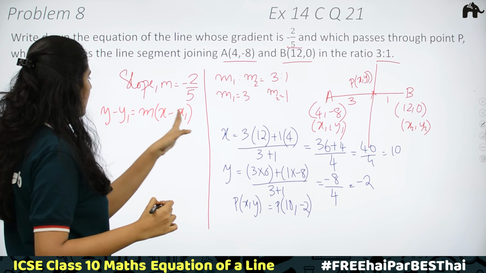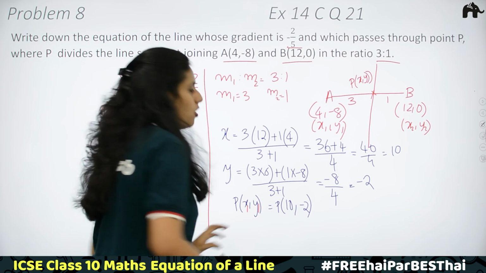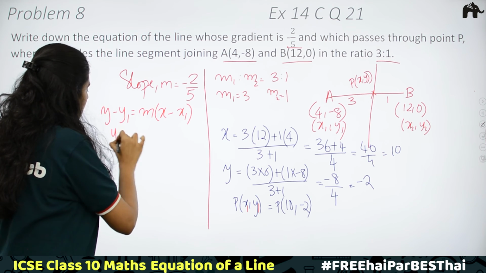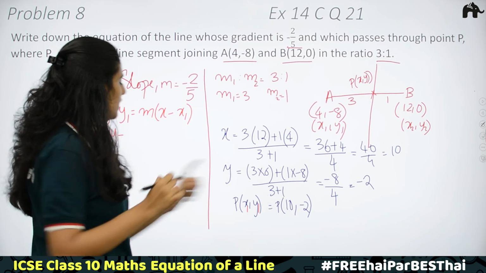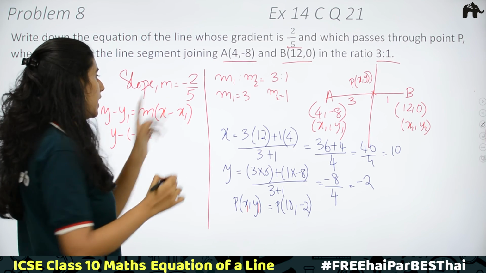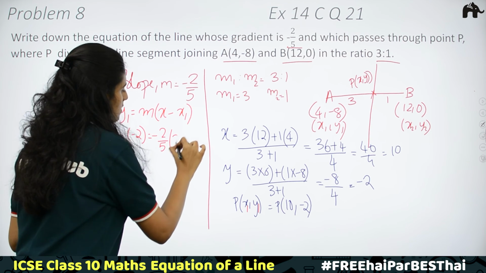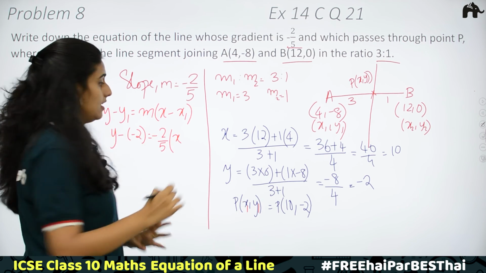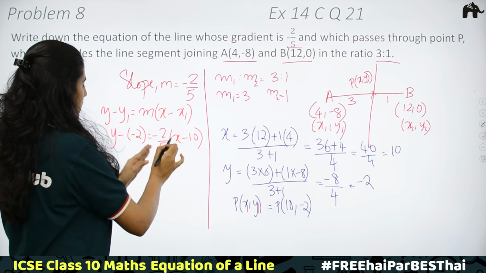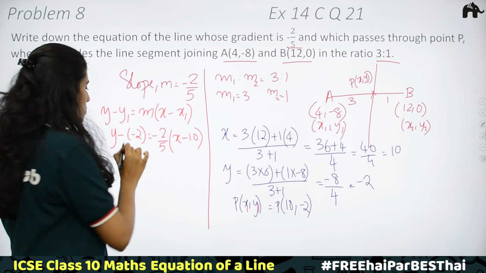Here x1, y1 is the coordinates of point P. We are taking it as x1, y1. y minus y1, y1 is minus 2. y minus minus 2 is equal to gradient or slope m, minus 2 by 5, into x minus x1, x1 here is 10, x minus 10. Okay. Taking this 5 to the opposite side, y minus minus 2 becomes y plus 2.